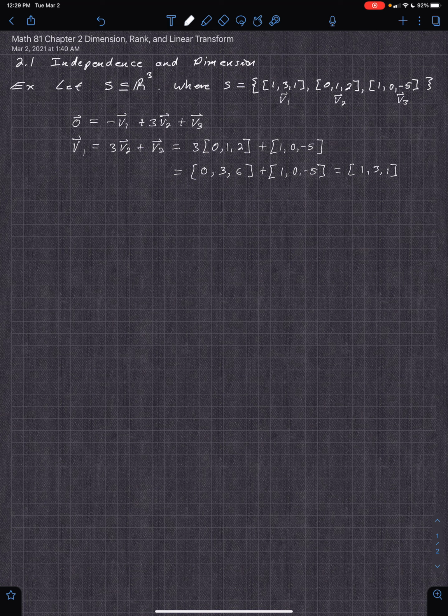We say that this set of vectors is linearly dependent. That's the concept. So we say S is a linearly dependent set of vectors.